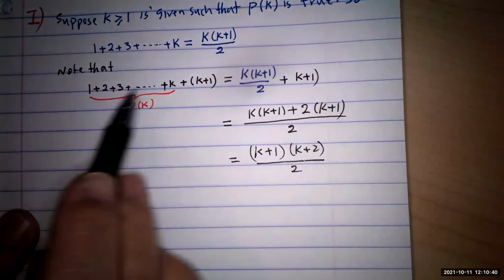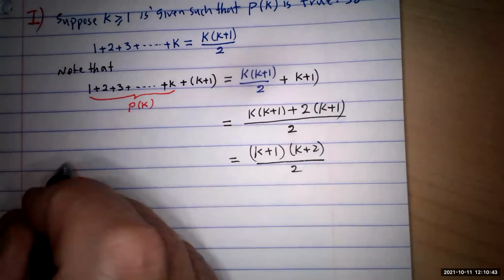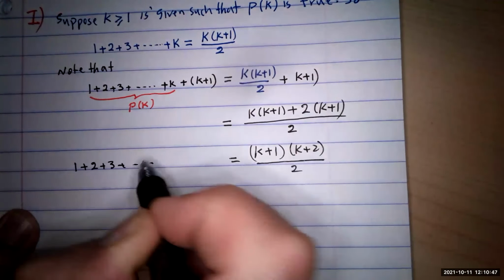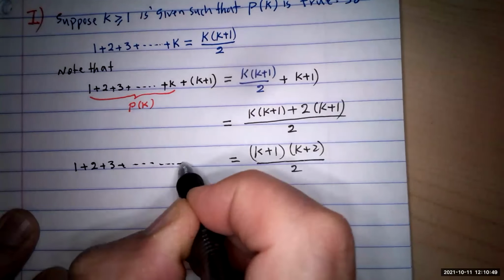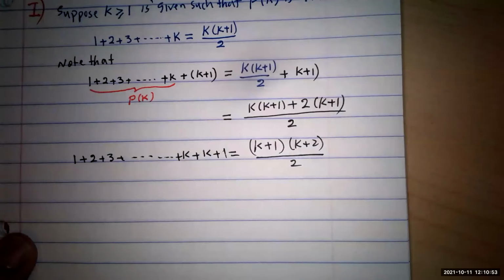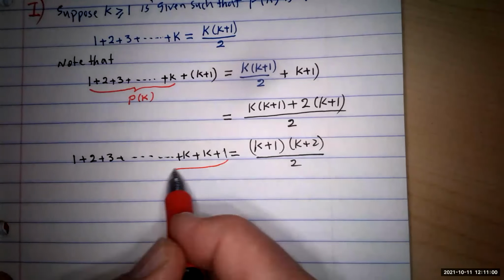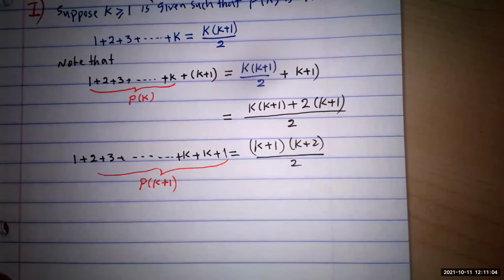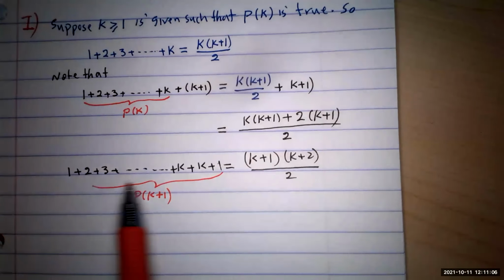If you repeat this one, you prove that 1 plus 2 plus 3 up to k plus 1 is equal to (k+1)(k+2) over 2. And if you think about it, this is P(k+1). So you prove that the identity is true for k plus 1.